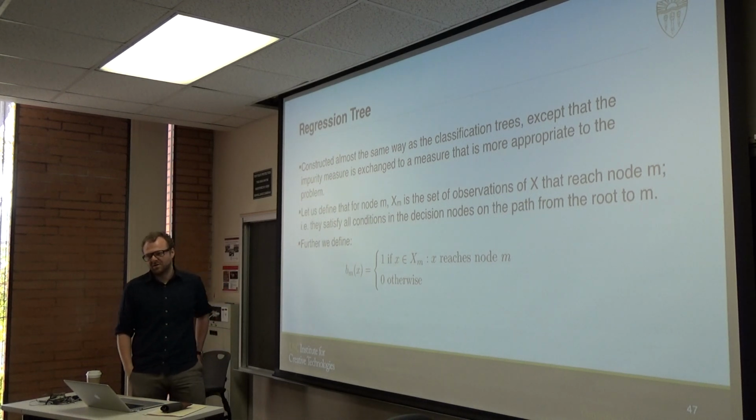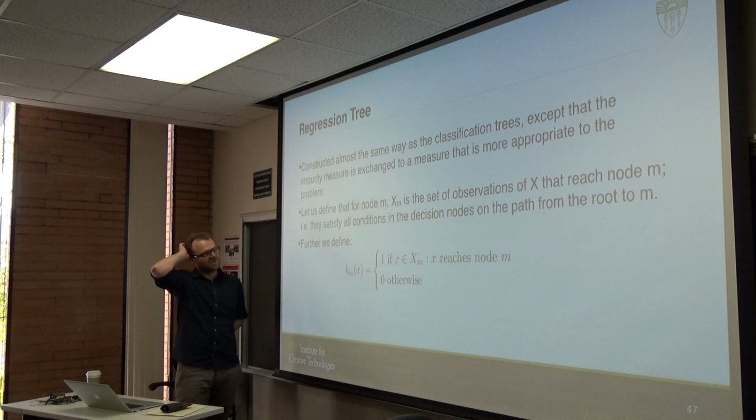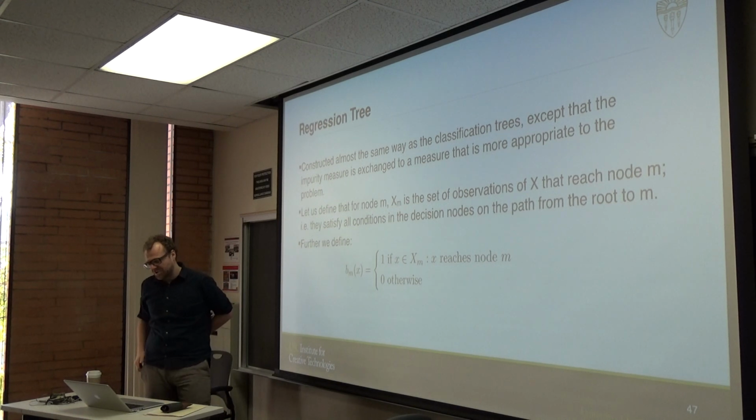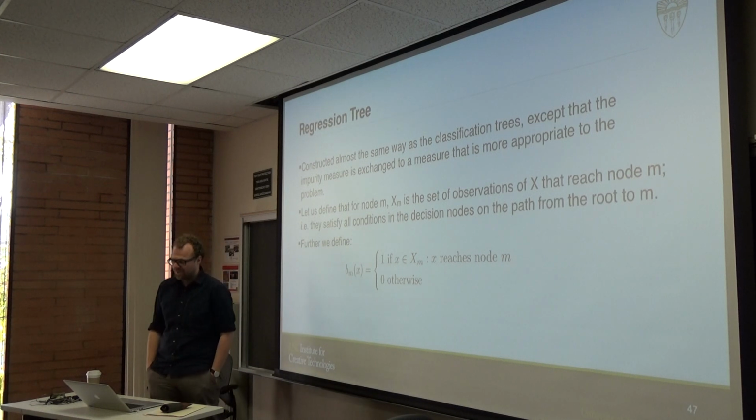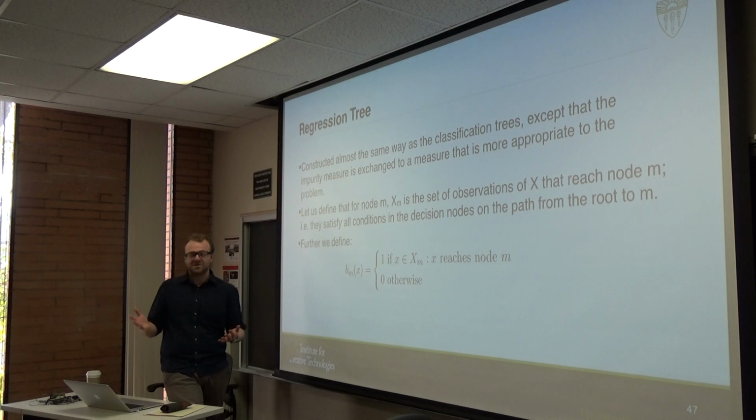Regression trees follow the exact same principles as classification trees. The only thing is that we need to change the impurity measure, which is based on entropy or Gini index, to a more appropriate one, which is a distance-based measure.